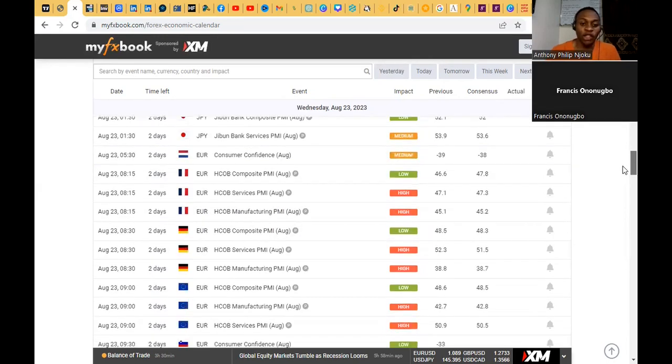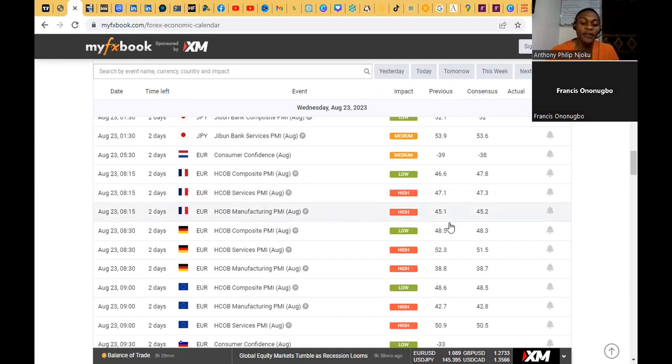Then early London session on Wednesday, when we have the most traded volume in the forex market every week. Wednesday has the highest traded volume in the forex market, and the London session has about $82 billion traded during that period. So we'll be watching out for the euro pairs exactly by 8:15 a.m. on the London session: HCOB Services PMI and HCOB Manufacturing PMI.